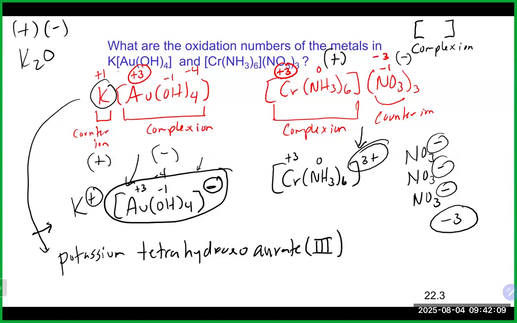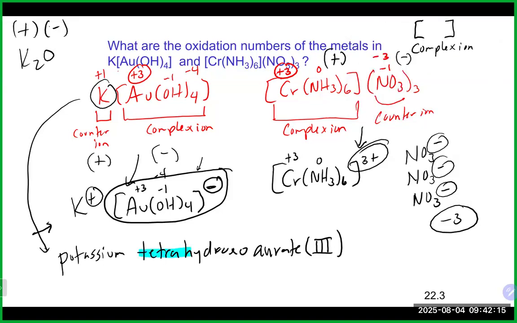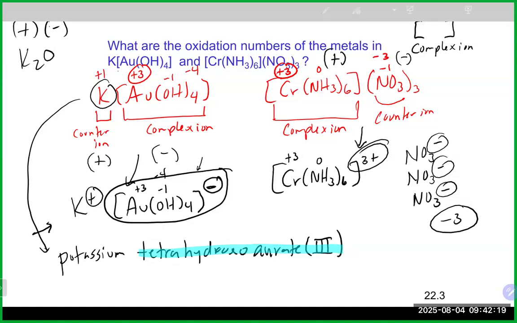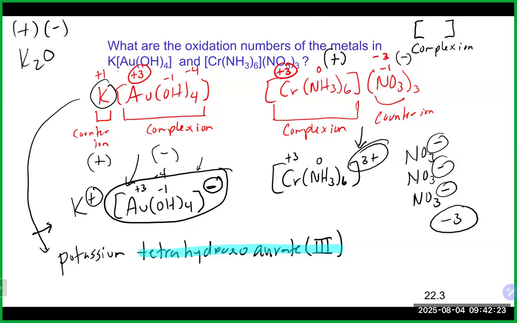When we look at the naming of this, because our complex ion is negative, this is really the complex ion part of the name. And what we were talking about earlier, where the metal part should always come at the end of the complex ion name, is what we see here. This would be potassium tetrahydroxoaurate(III).